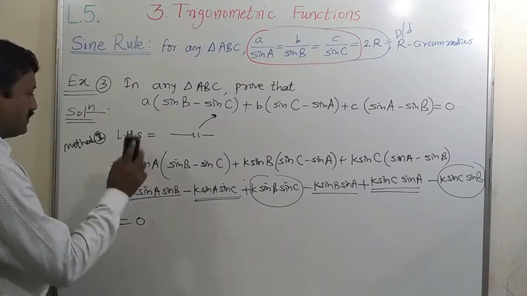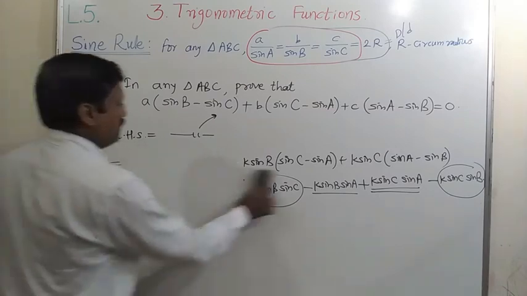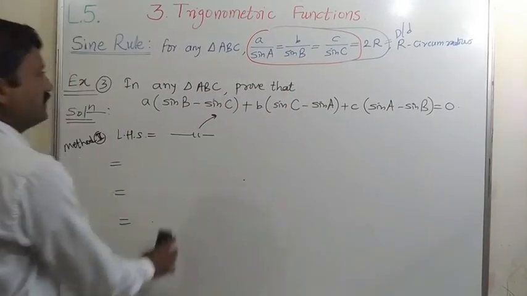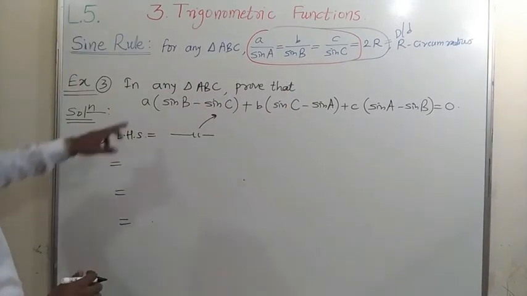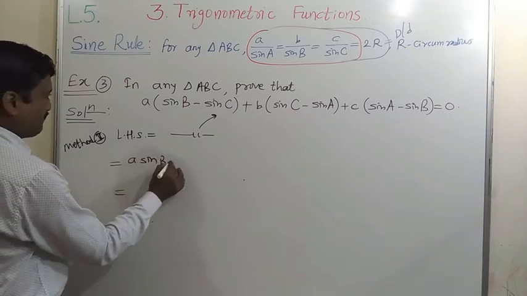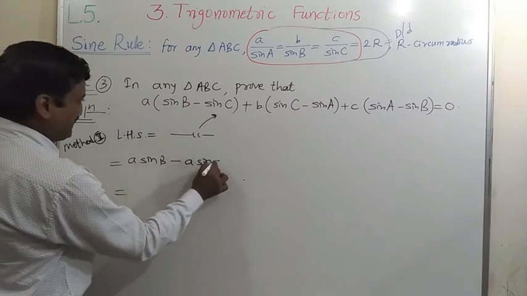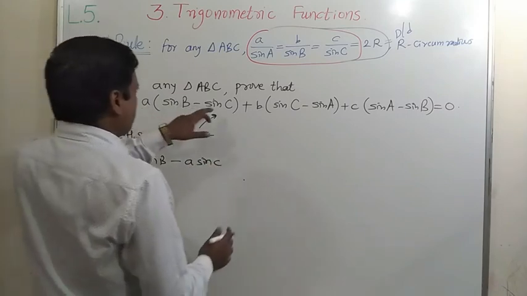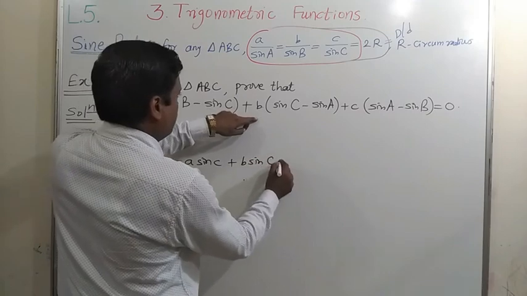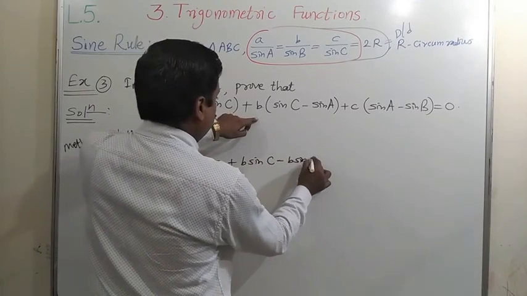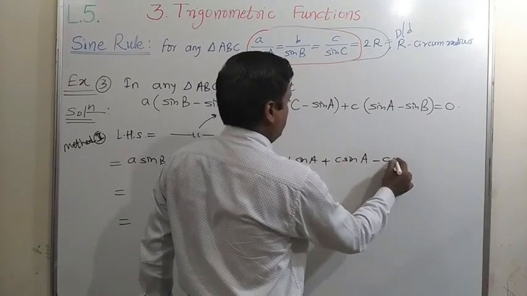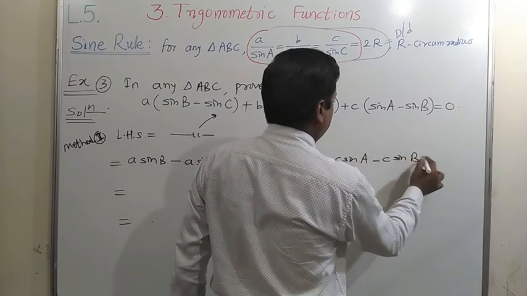Let us see another method. In different way also we can do the same. Just multiply here. We get a sine b minus a sine c, means without the k, just we are multiplying it. First b sine c minus b sine a plus c sine a minus c sine b.